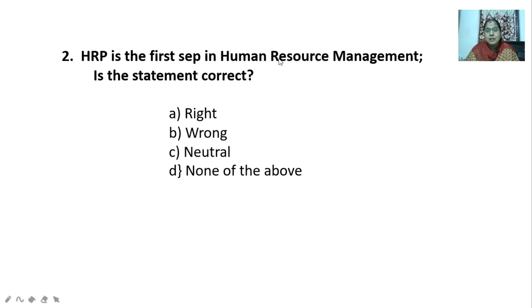In order to do all those things carefully and successfully, I definitely need to plan how many people to recruit, who should be selected and how, what the interview process is, how many types of interviews I should go through, and how the placement should be done wherever the vacancies are. All those things are the headache of the planning department. So HRP is the first step in human resource management and it is definitely a correct statement.